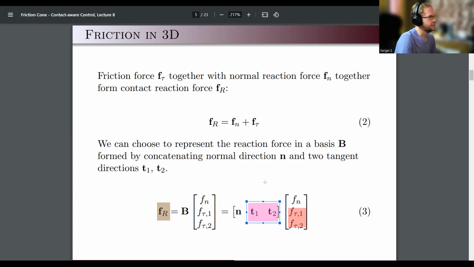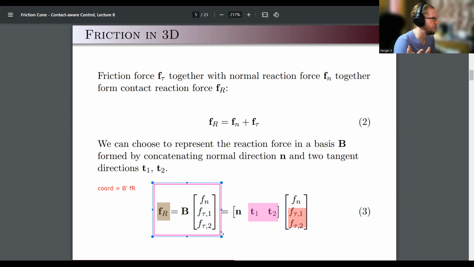Remember, this is an orthonormal basis, so we can say that the coordinates are equal to B transposed Fr. We multiply both sides by B transpose. It is possible since B transpose is full rank. B transpose cancels here, and identity is left here. That's how we get the coordinates Fn, F tau 1, F tau 2.